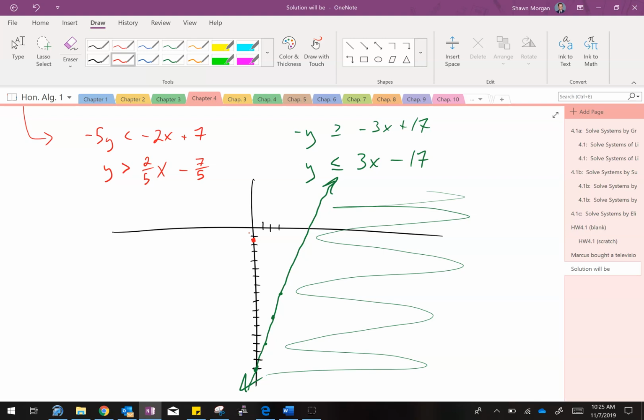So we're going to go up 2 and to the right 5. Or I could go down 2 and to the left 5. Dotted or solid line? Dotted line. Excellent. Should I shade above or below?